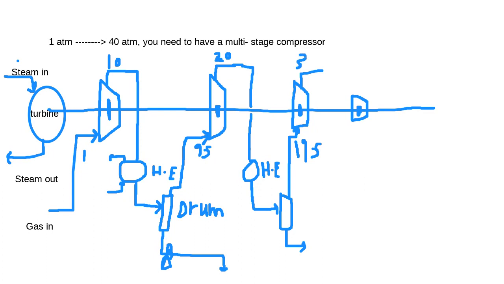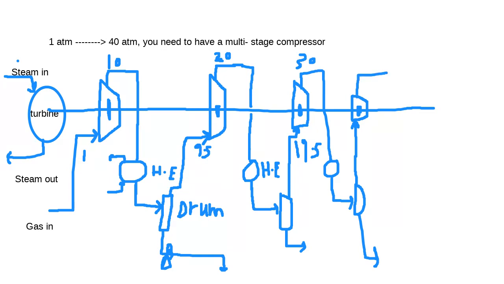The third stage will compress the gas again up to 30, and it's the same story, guys. You have a third heat exchanger for cooling, and then a drum to separate liquids from gases. The liquid goes down, it could be pumped again, and the gas flows upward to the fourth stage, and then finally it gets to the required pressure of 40.